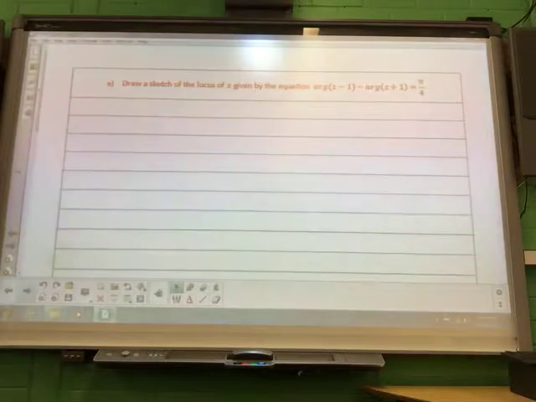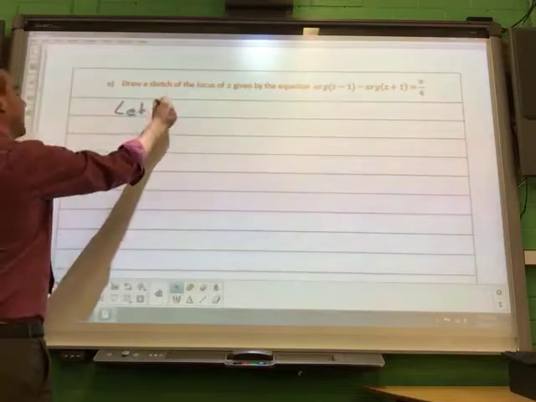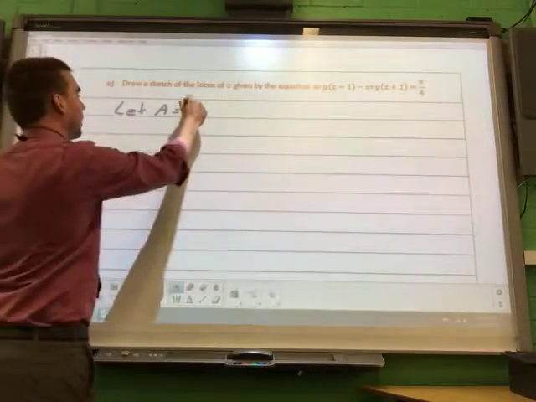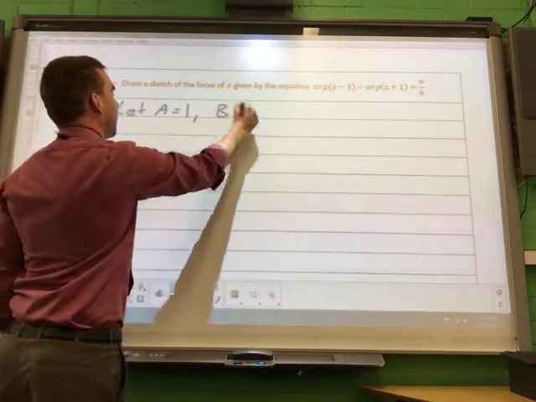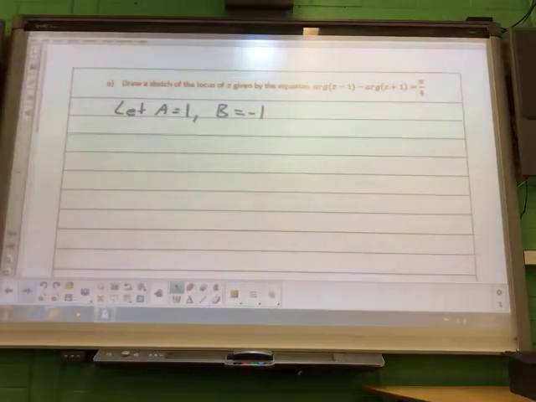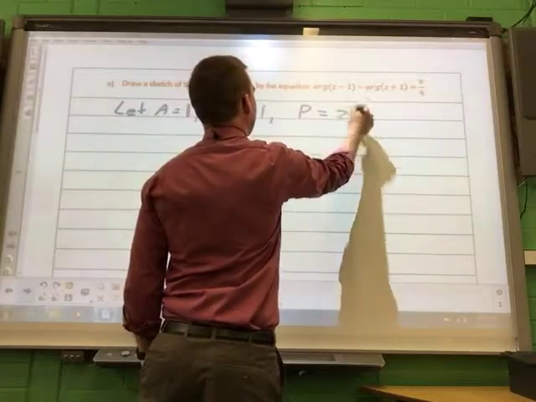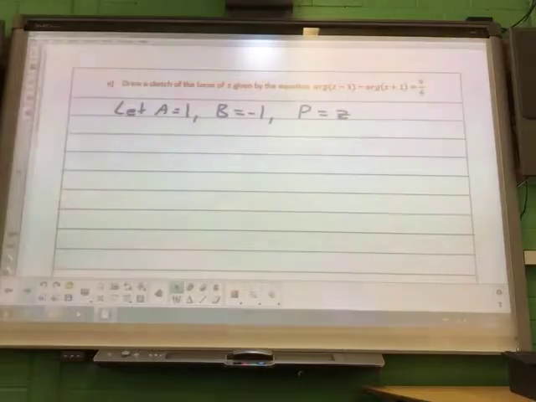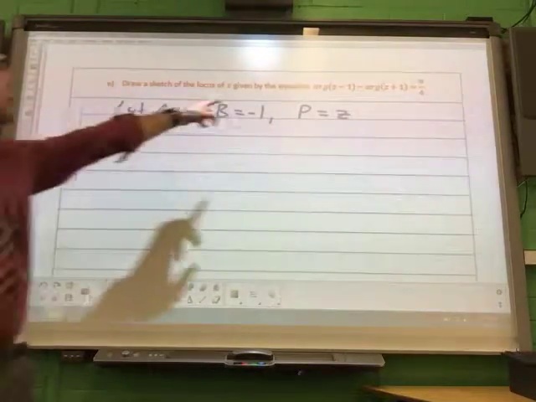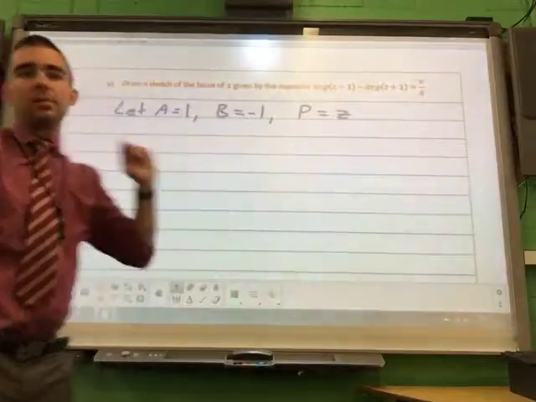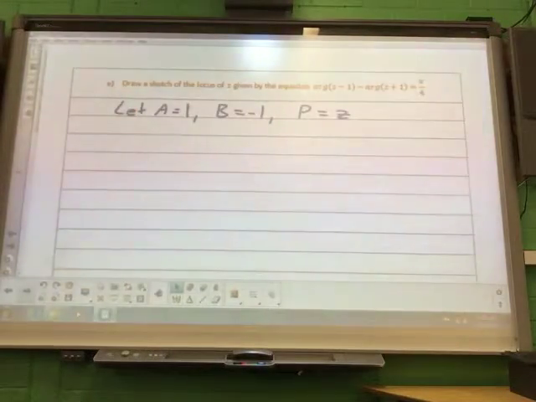Let's try this and you might be able to give some insight on what's going on. Let capital A be 1, 6 and B be -1, and point P is going to be represented by the complex number z.